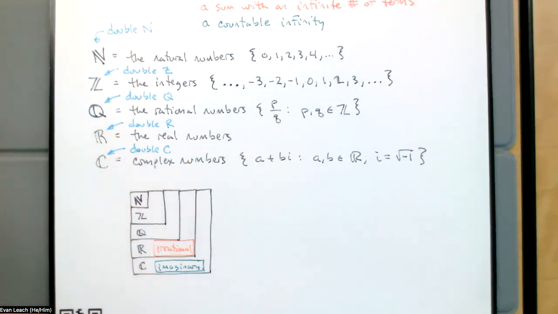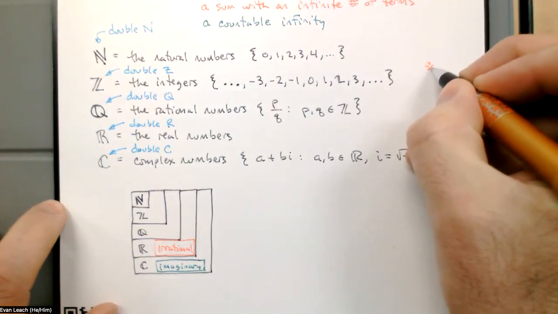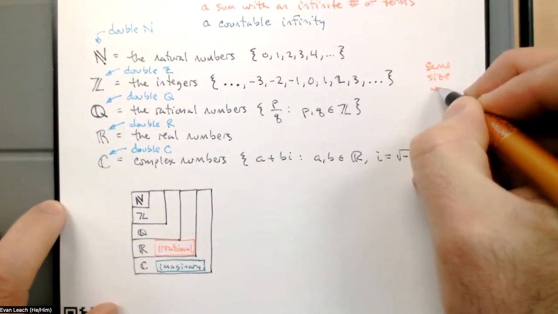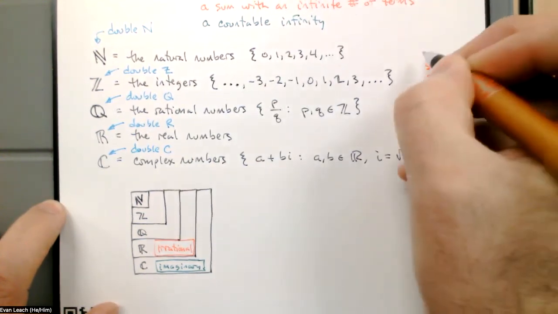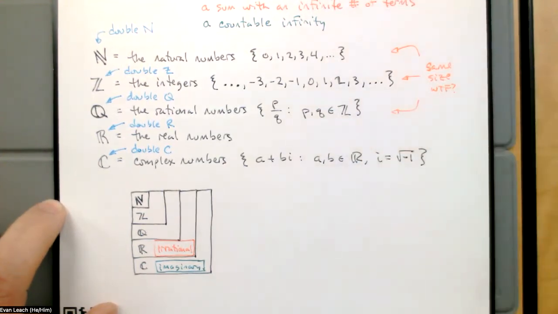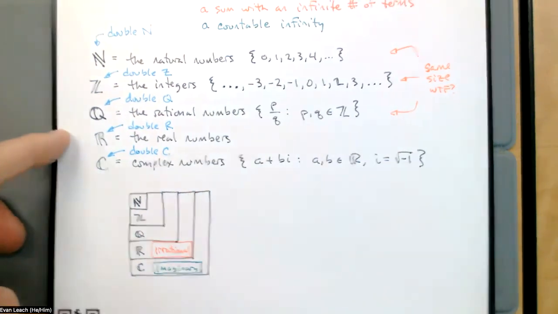This set here, the real numbers, is bigger. That is a bigger infinity than the rational numbers. The natural numbers, the integers, the rational numbers, although they're all infinity, are the same size. The real numbers are bigger.